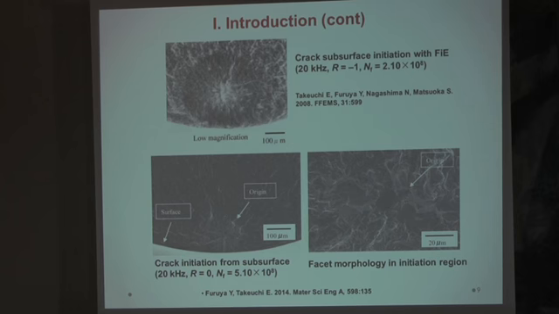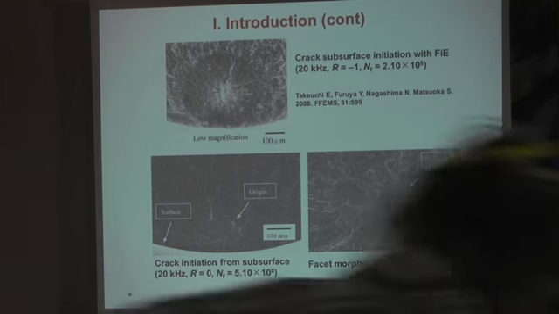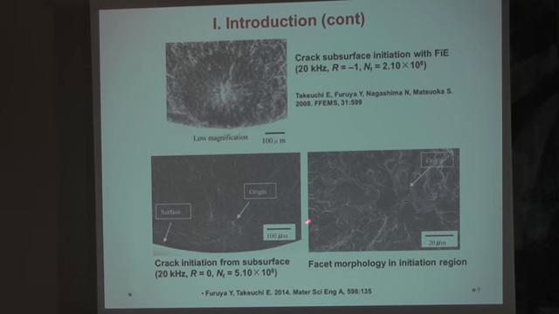For titanium alloy, the initiation spot is not due to an inclusion. It is due to something like a cleavage initiation from alpha grains. So it has a kind of facet morphology at the crack initiation spot.